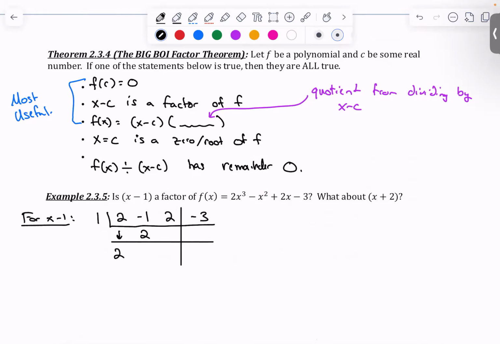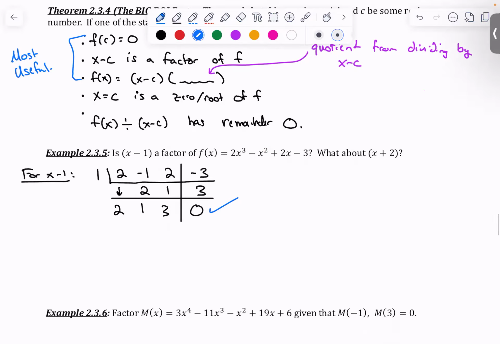Negative 1 plus 2 is 1. 1 times 1 is 1. 2 plus 1 is 3. 1 times 3 is 3. Negative 3 plus 3 is 0. So you get a remainder of 0. That means that it is a factor. If you get a remainder of 0, that means that there was nothing left over when you divided by it, meaning that it is a factor of the number.